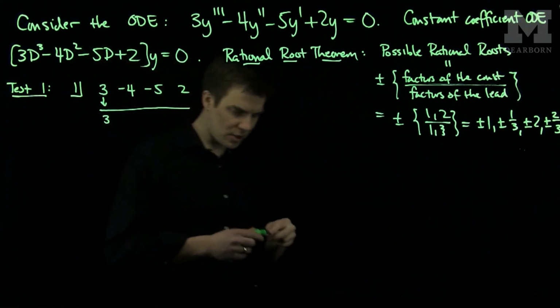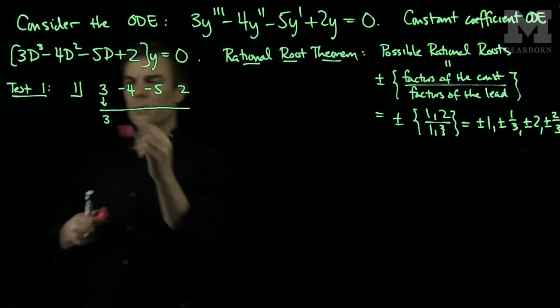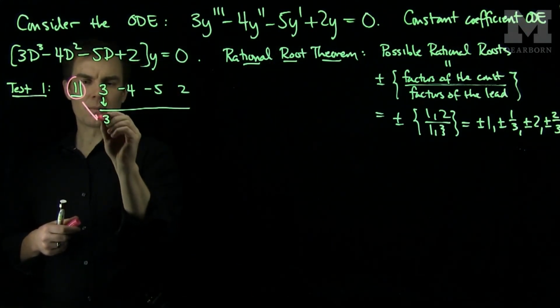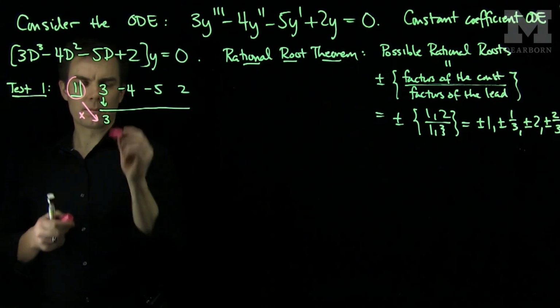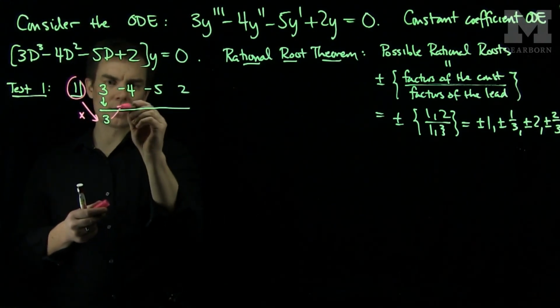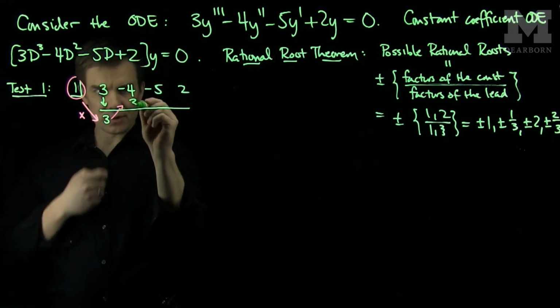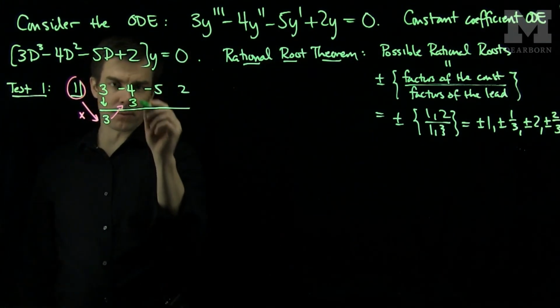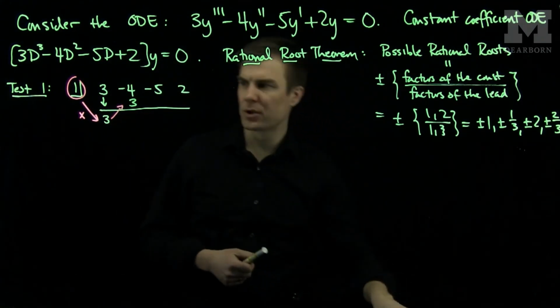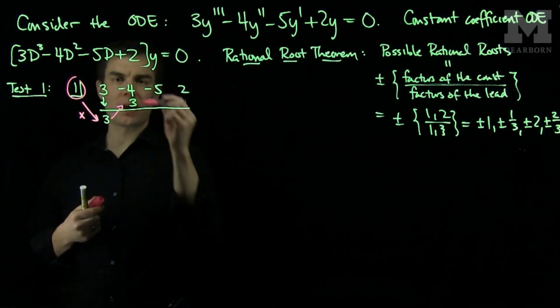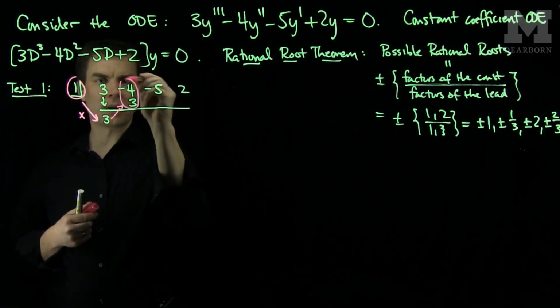Then what you do is multiply the term inside the box and the term below, and bring that result over there. So I'll have 1 times 3, which is 3, and then -4 plus 3. In this row we add.